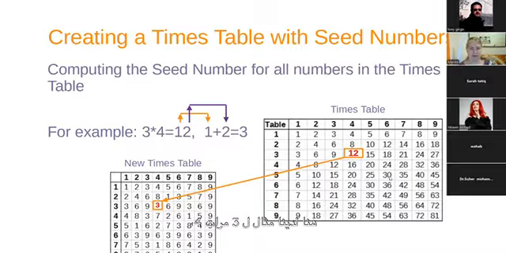Here we have an example for 3 times 4, which will result in a 3 in the new times table. So this is the final times table with seed numbers. That is our beginning. This is what we use to look at numbers.